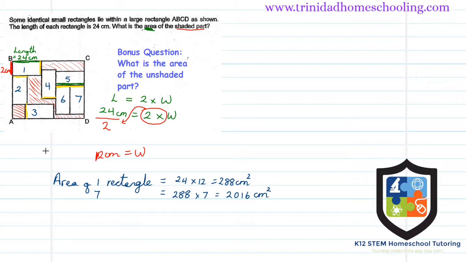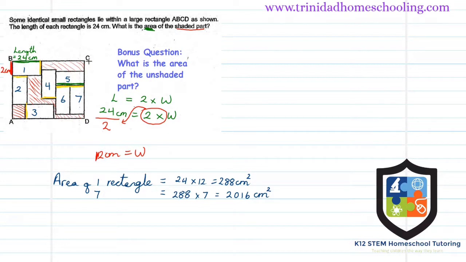Now the bonus question here is, what is the area of the unshaded part? To find the area of the unshaded part, we need to find the area of the entire ABCD rectangle and subtract the area of the shaded part. So whichever one you choose to be your length or your width, we're looking at all the lines in the same plane.